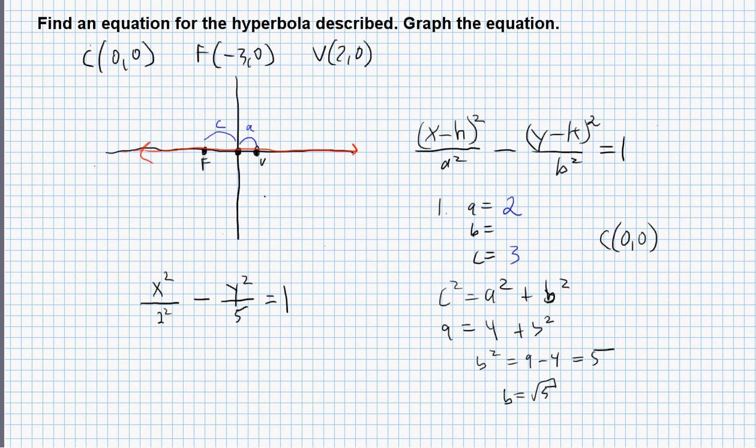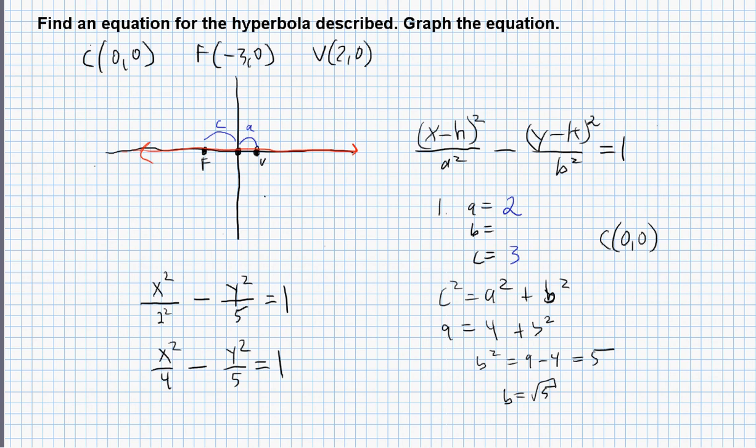So our final equation, simplified, is x squared over 4 minus y squared over 5 is equal to 1. Remember, in hyperbolas, the a number, the vertex value, does not have to be the largest of the two, a and b, but in our formula we are always going to write it first.